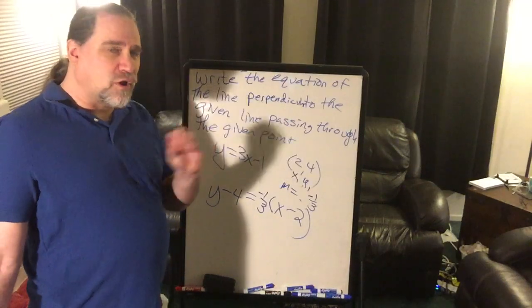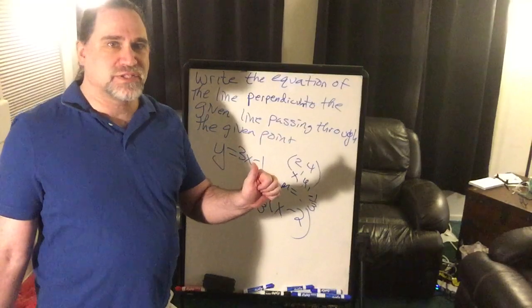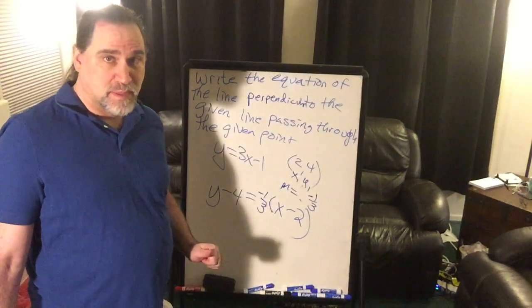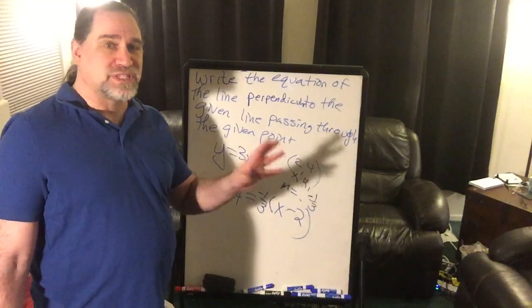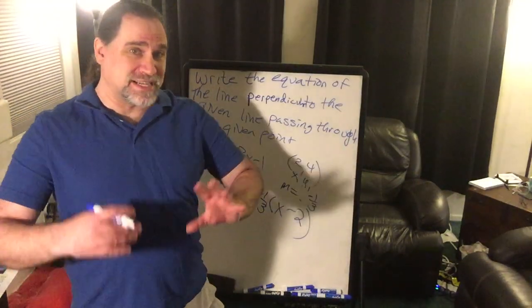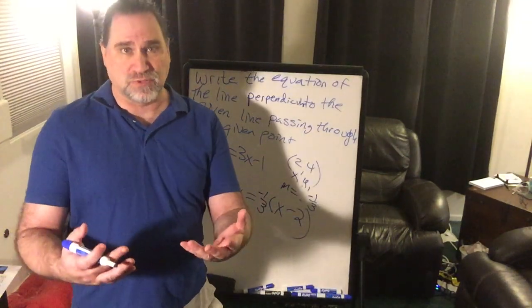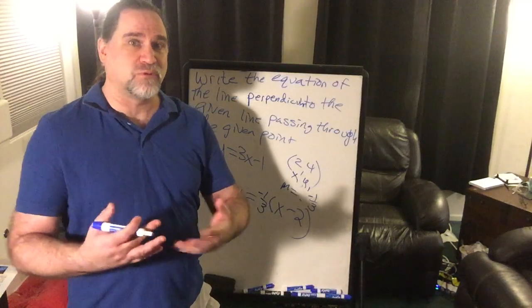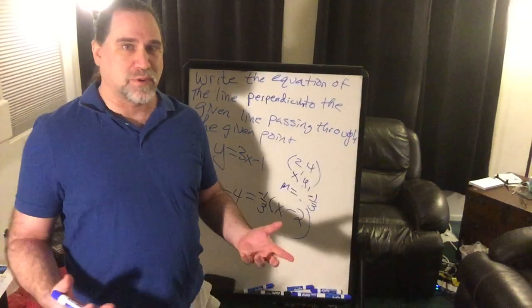So all you got to know is what's the relationship between their slopes. Parallel lines have the same slope. Perpendicular lines have negative reciprocal slopes. So if you have an equation that doesn't have the slope identified because it's not in point-slope or slope-intercept form, then you need to get it into, preferably, slope-intercept form so you can identify the slope, so you can tell if the lines are parallel or perpendicular.